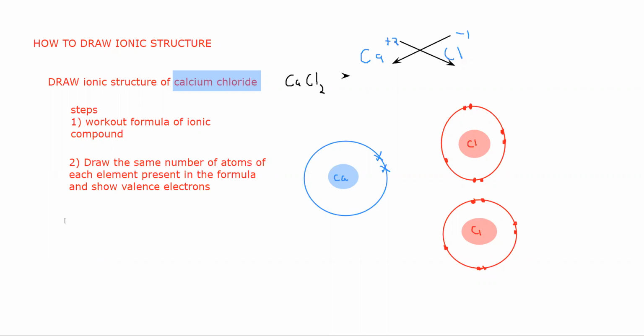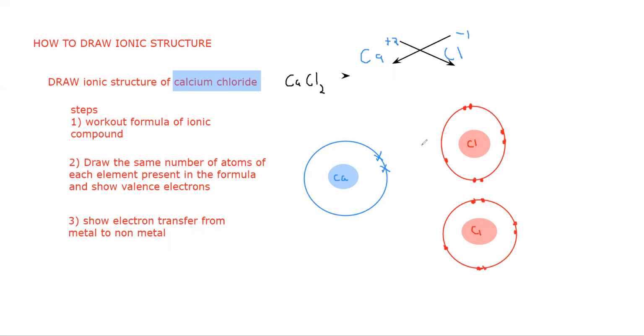Then the third step, you will show the electron transfer from metal to non-metal. So this chlorine requires 1 electron because already 7 are there, non-metal, trying to complete octet.